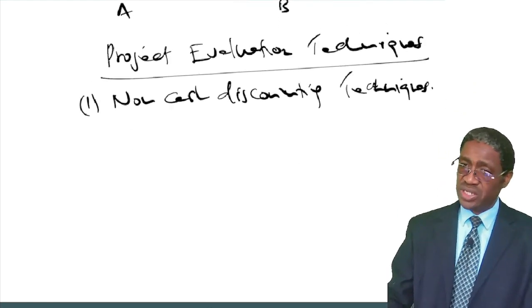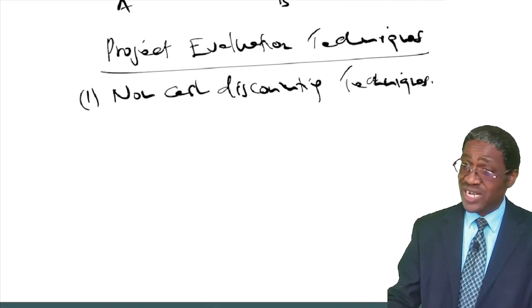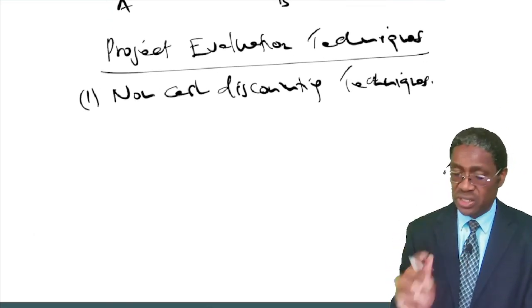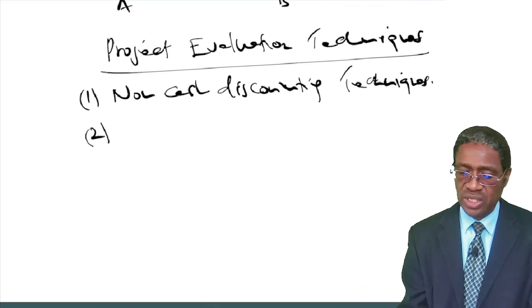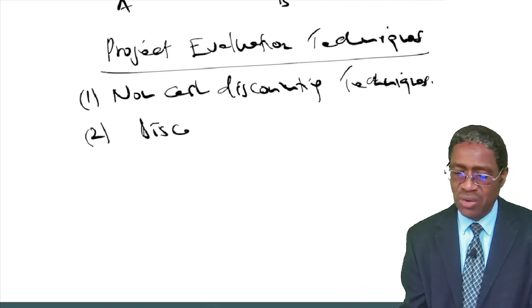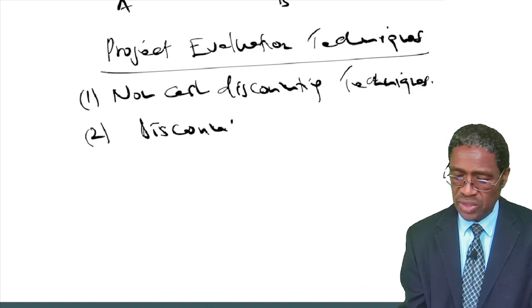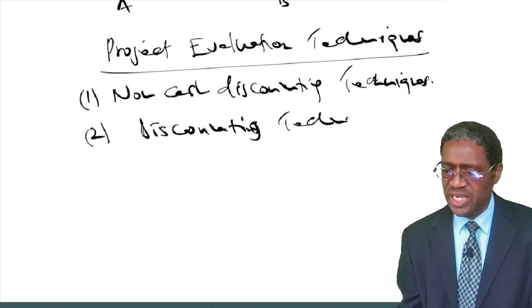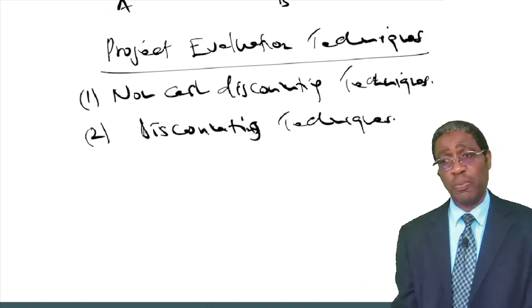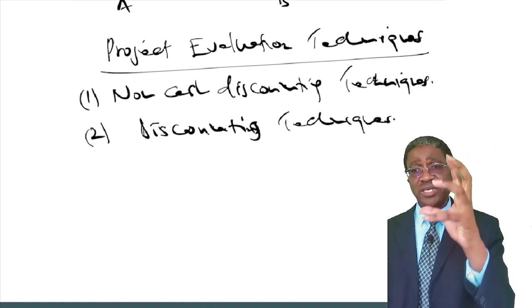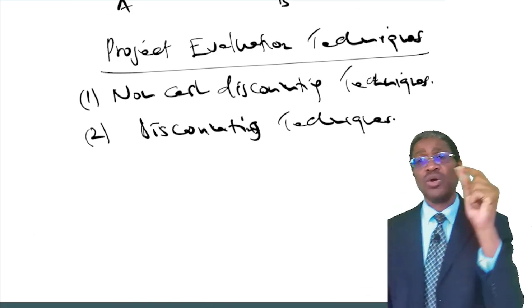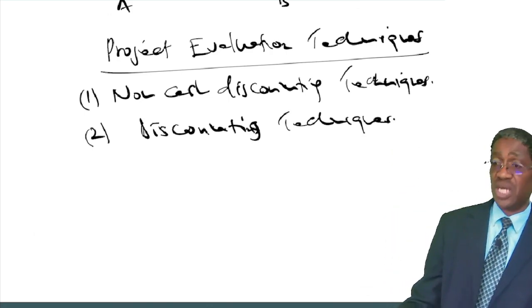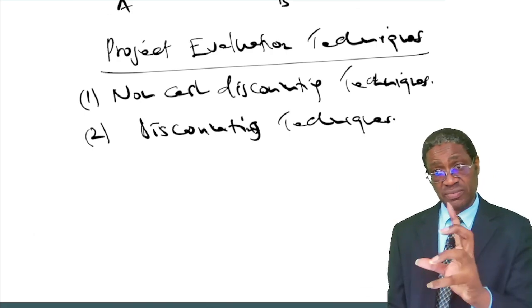Okay? We shall discuss it in details. That is one category of techniques. The second category of techniques is what we call discounting techniques. So you either use the non-cash discounting techniques or you use the cash discounting techniques. Now listen.